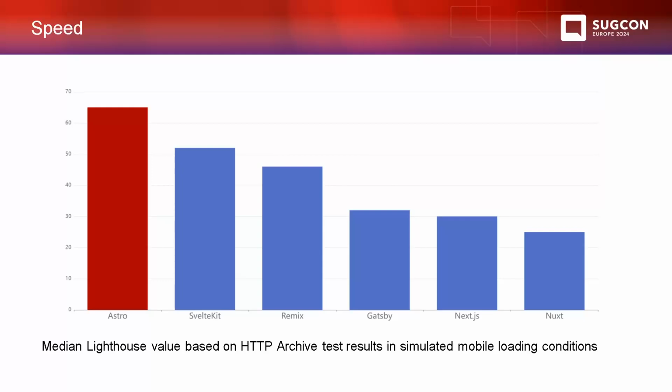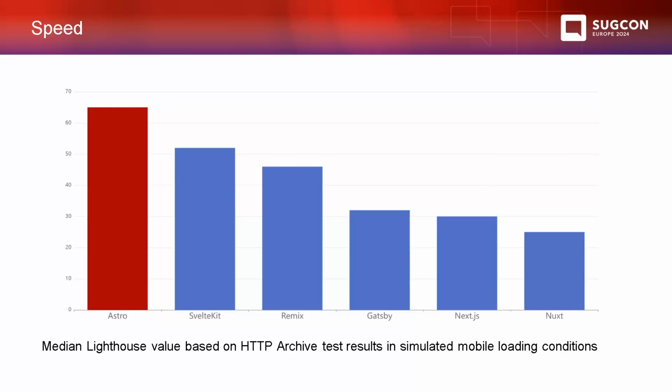We also made our own benchmarking, and we created two exactly the same websites. One is based on Astro, and another one is on Next.js. And in all the cases, Astro was faster. How much faster?